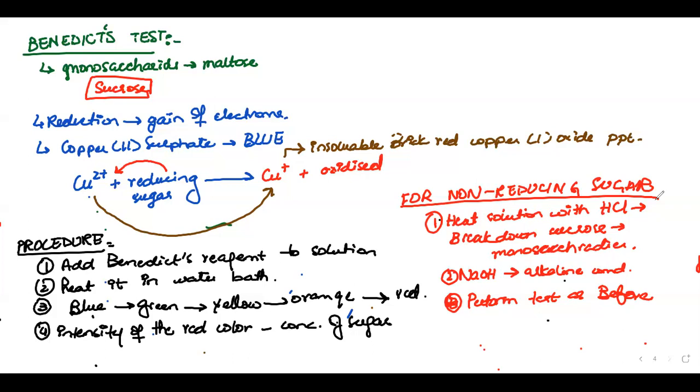No. Okay. Next, we have to talk about our polysaccharides. Polysaccharides are formed when... basically, a polysaccharide is a polymer. That means it's made up of multiple units. It's made up of multiple monosaccharides.